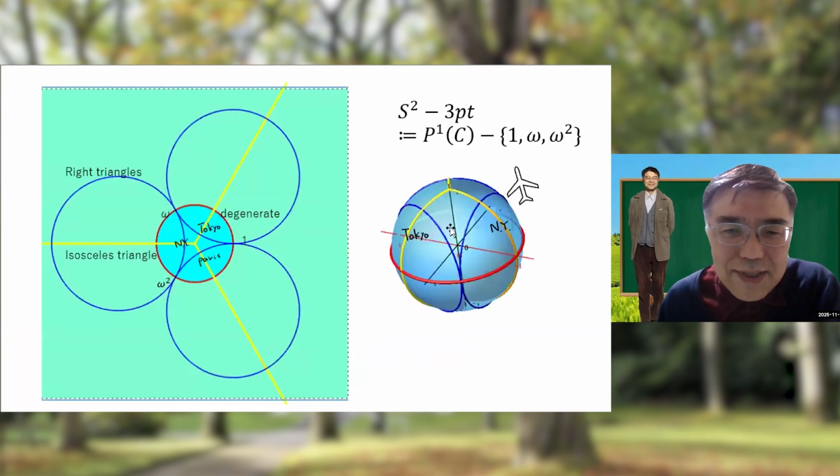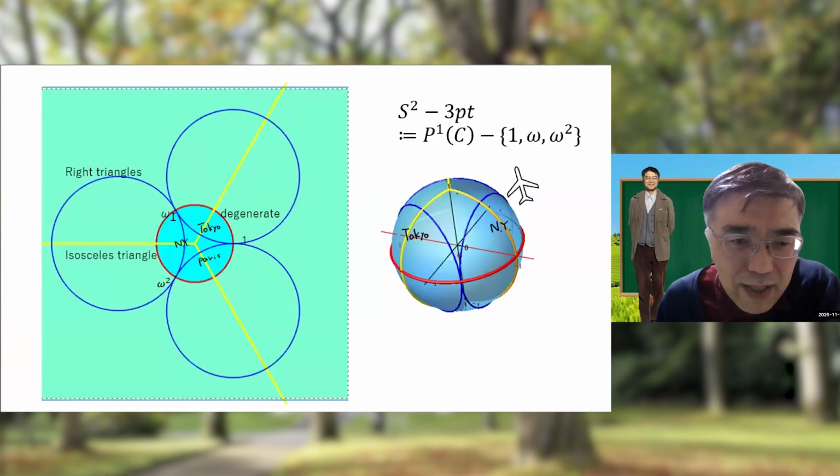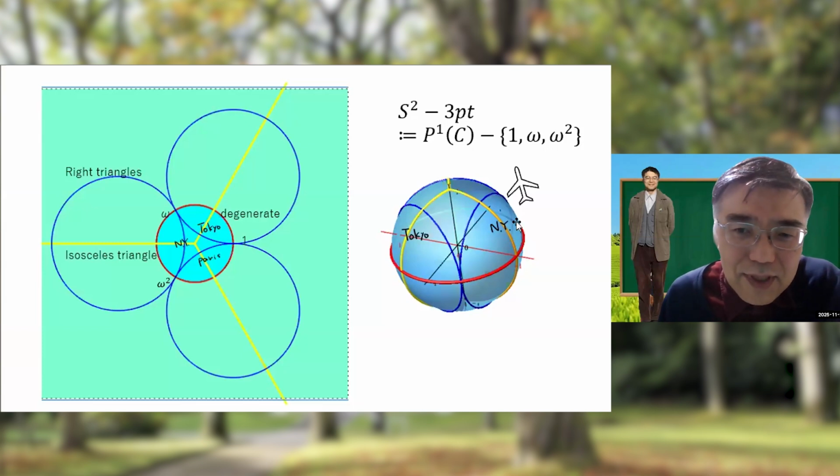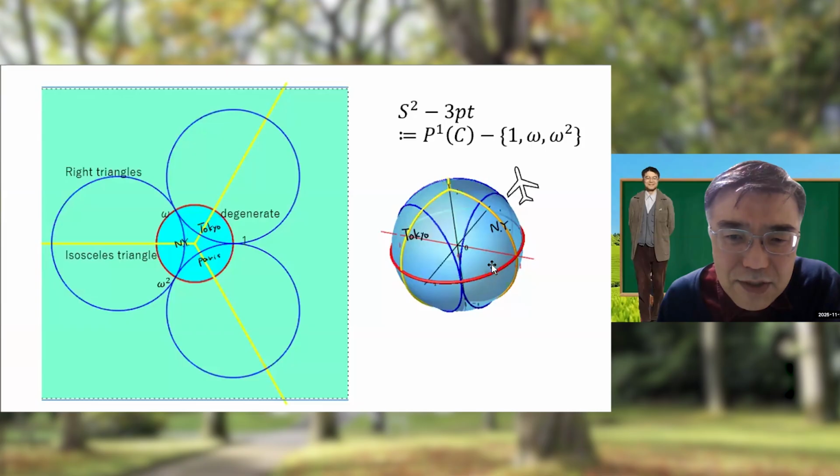We have the sphere minus 3 points, and the 3 points are on this red equator: 1, omega, and omega squared. We divide this sphere into the north hemisphere and south hemisphere, but the vertices are these 3 punctures.